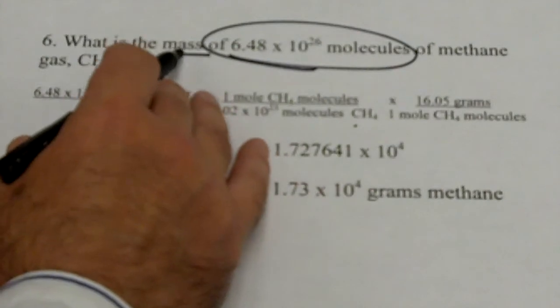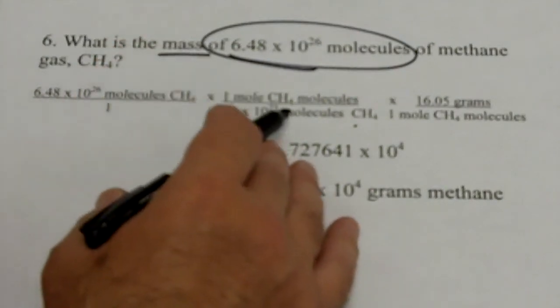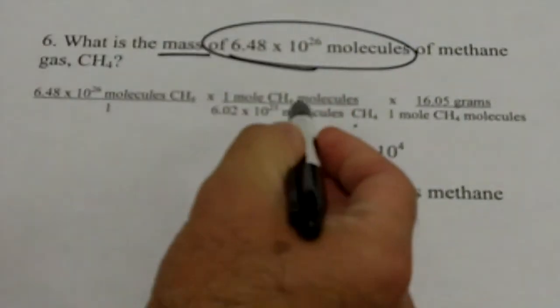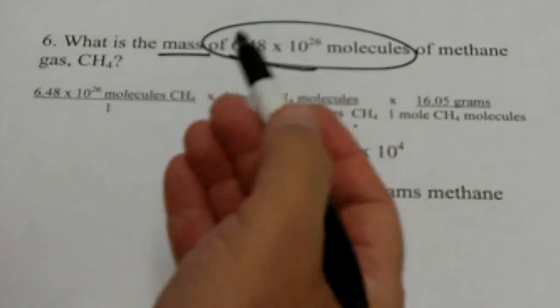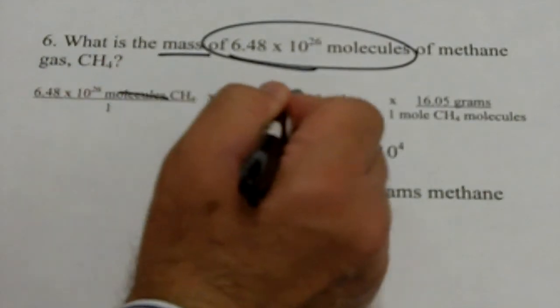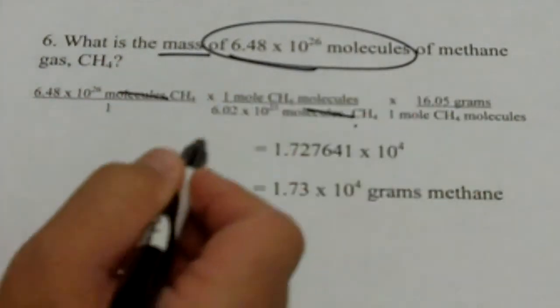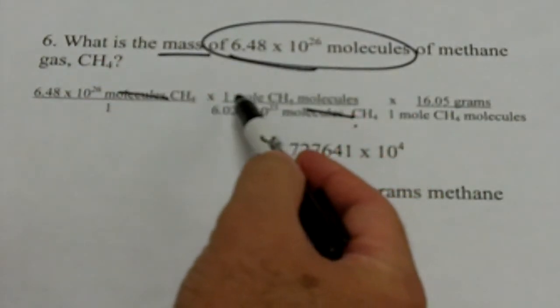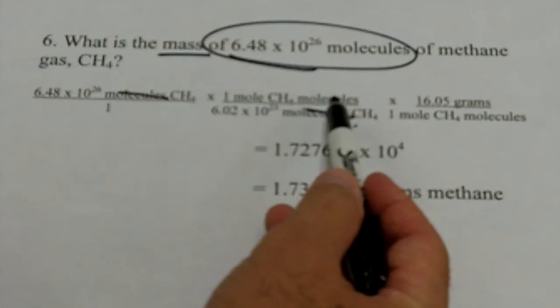I don't know the mass in grams of a molecule. So I'm going to have to go through a mole intermediate. Remember, when in doubt, go through moles. So I'm going to cancel molecules of CH4 with molecules of CH4 here, and I'm left with moles of CH4.